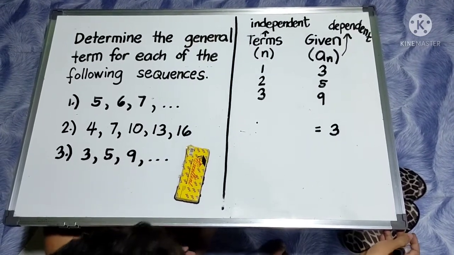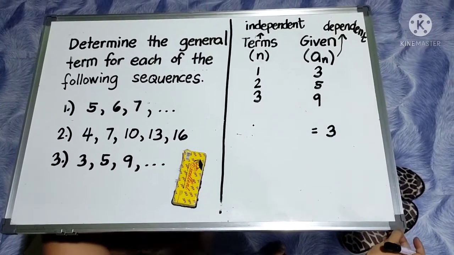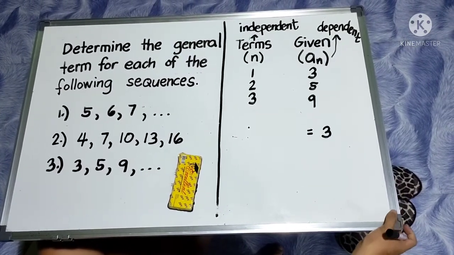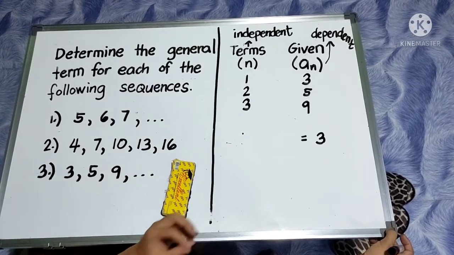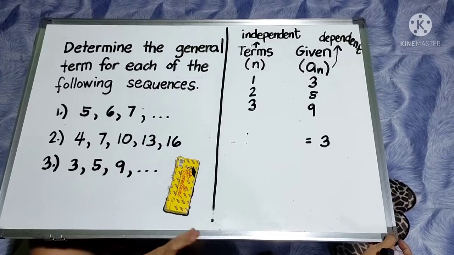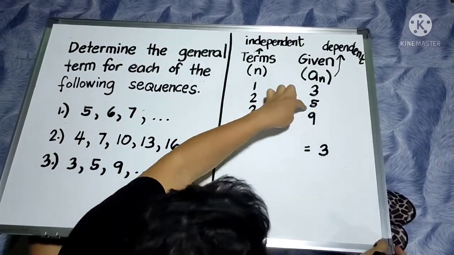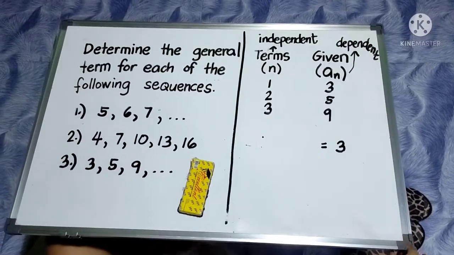But obviously, we cannot use division here if you will use your common sense, because division will have to produce smaller numbers. So, it's not really division, because 1, 2, 3 here became 3, 5, 9. So, it's not really division.